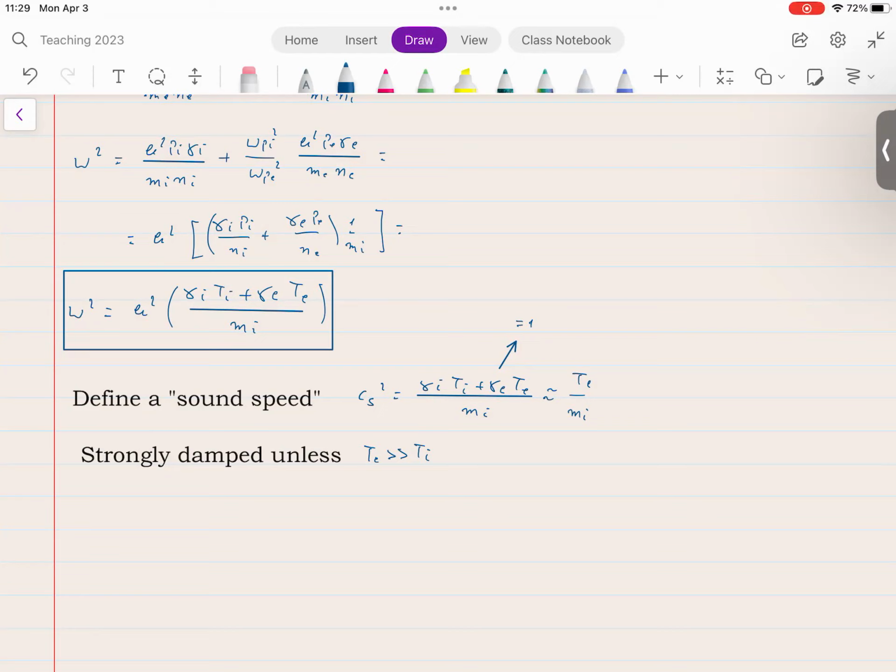And by virtue of that, again, in a way that we can only be hand wavy about, they tend to be isothermal.